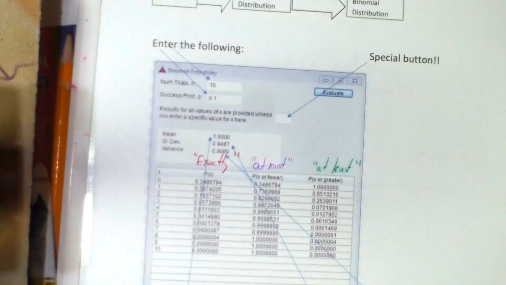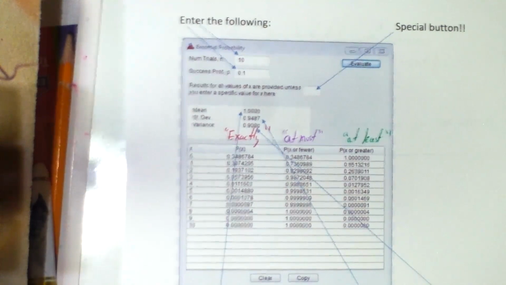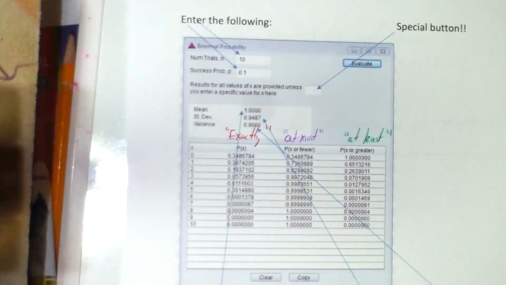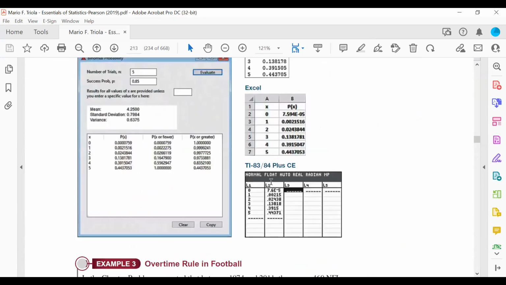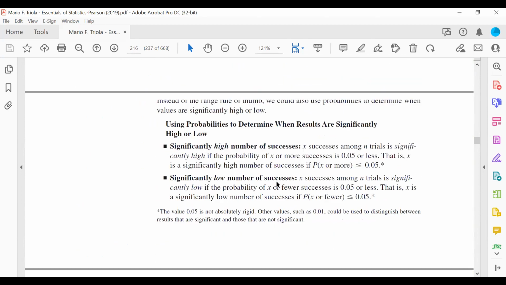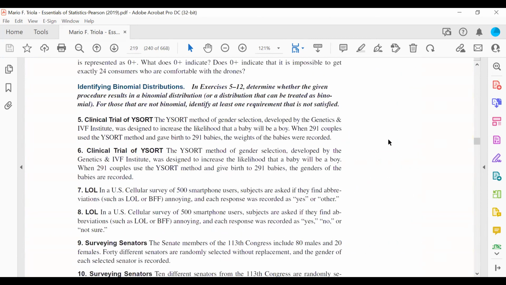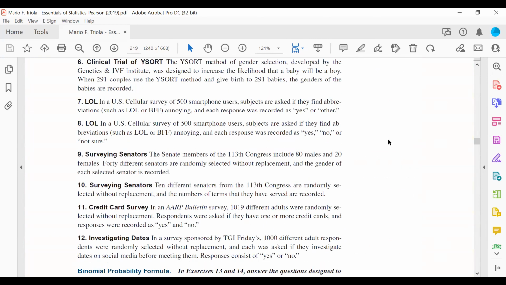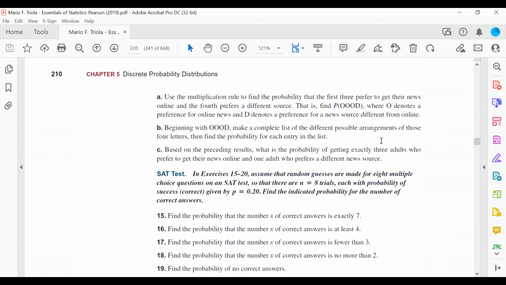Okay, so let's practice. We're going to do some of the problems in the book. Let's see what page the homework exercises are on.